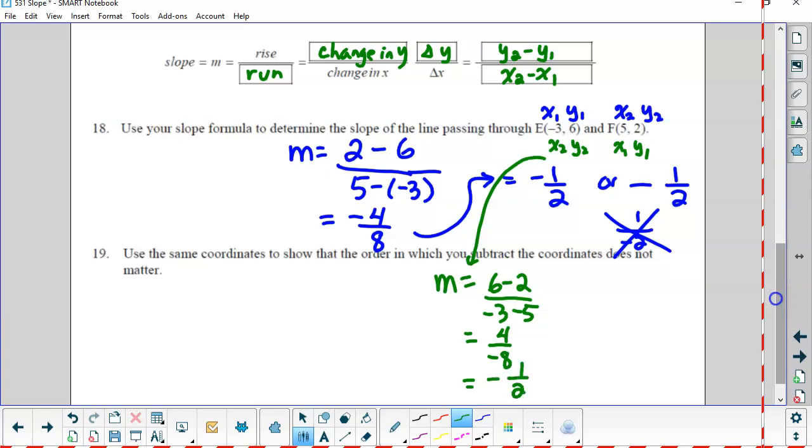So it doesn't matter. You just can't switch them between, right? You can't go y2 minus y1 and then x1 minus x2. You've got to be consistent. Otherwise, you'll get the wrong sign.